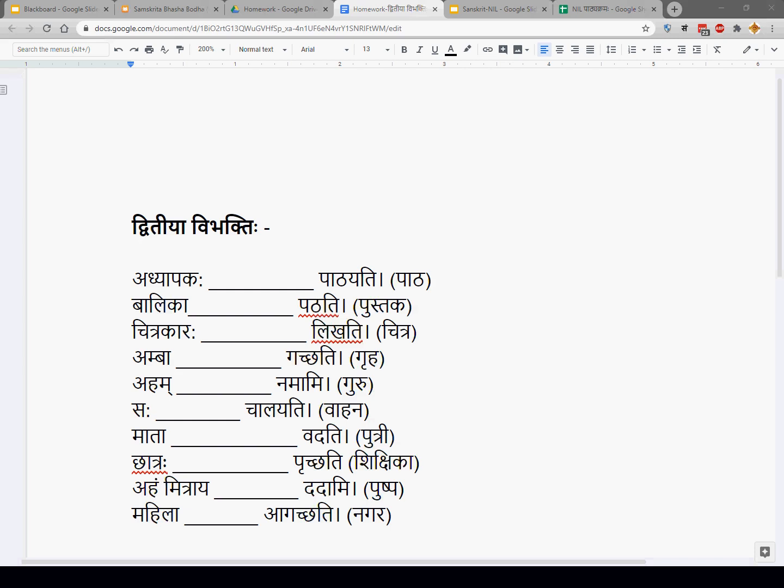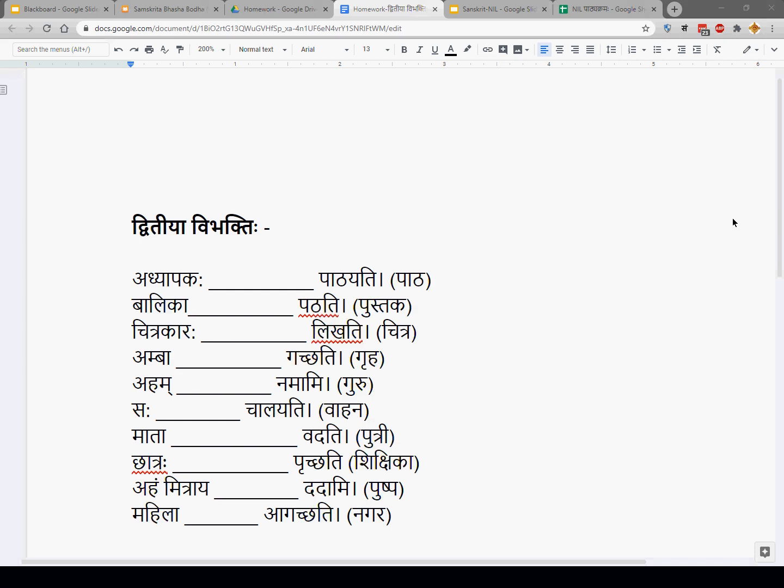So just to recap here, Adhyapakaha Patham Pathayati. We have to look at the Kriyapadam, which is a verb in the sentence.